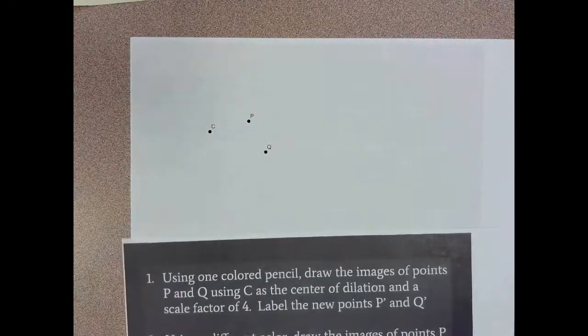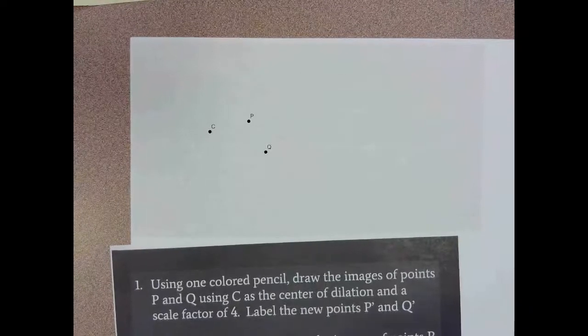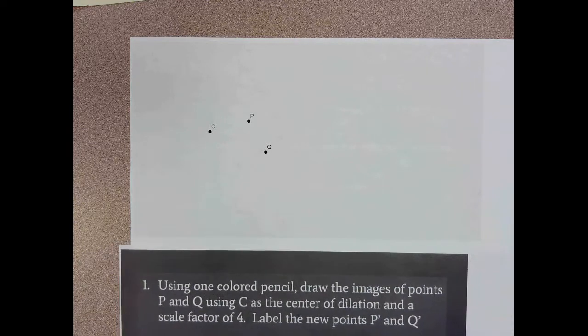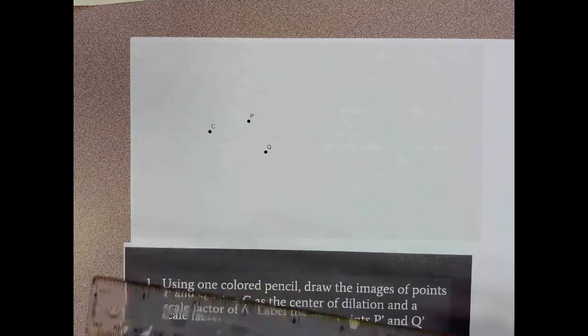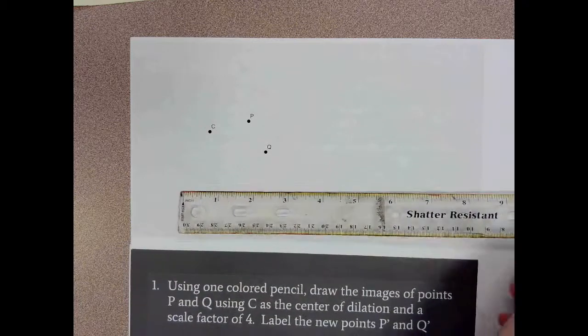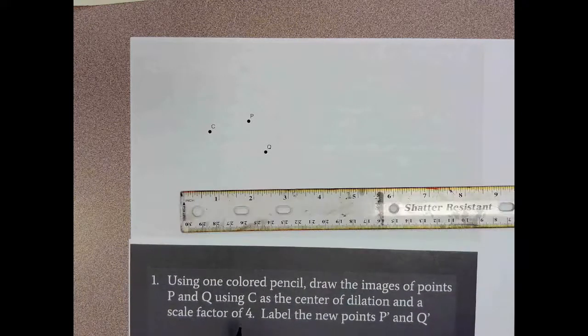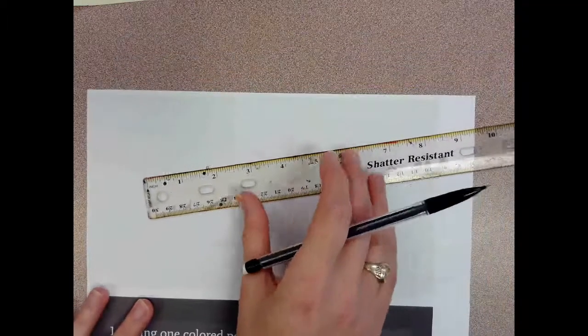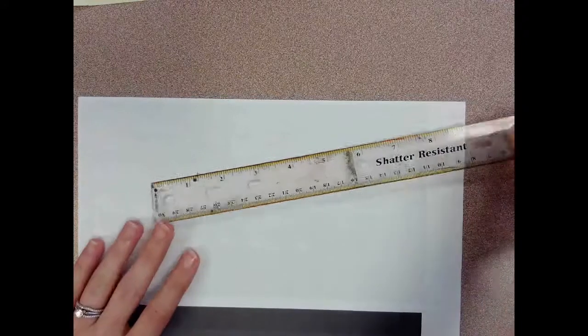You've got this little image, and I'll give you a couple of seconds to copy down something similar in your notebook. The reason it would be helpful to use a ruler is because we need to use a scale factor of 4, meaning whatever the distance is between C to P and C to Q, we need to multiply it times 4.